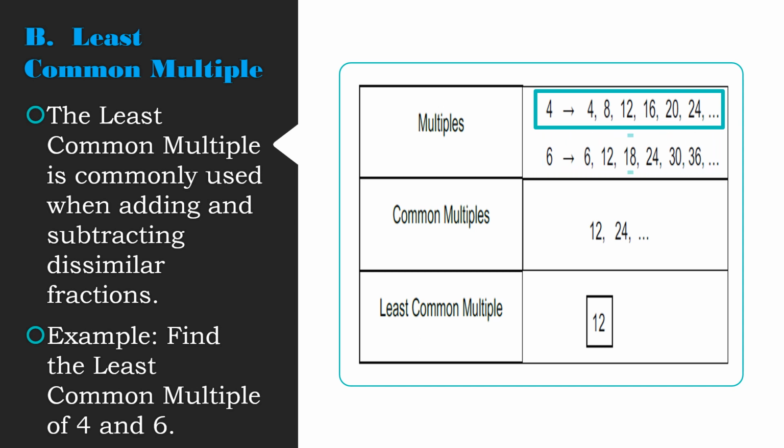The multiples of 6 are 6, 12, 18, 24, 30, and 36. The common multiples of 4 and 6 in the given numbers are 12 and 24. Therefore, the least common multiple of 4 and 6 is 12.